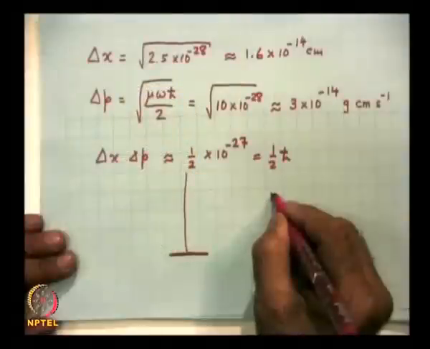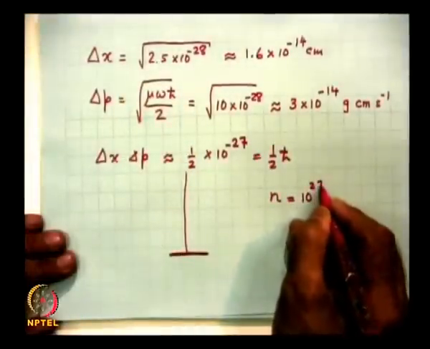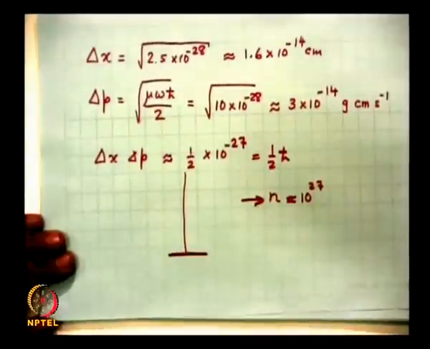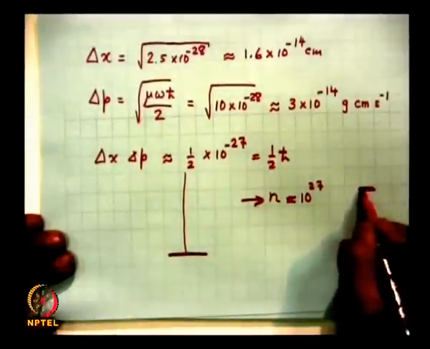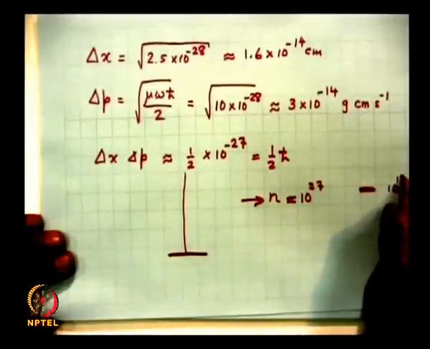Then you tell me what states are being superposed, and the answer is we are superposing states for which the quantum number is about 10 to the power of 27, and the spread in n is 3 into 10 to the power of 13.